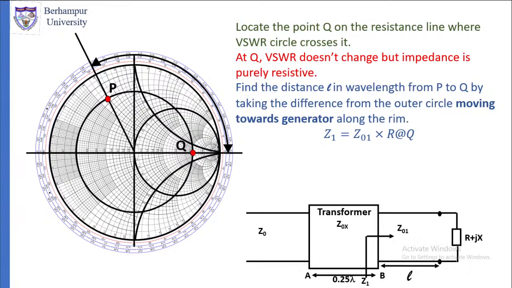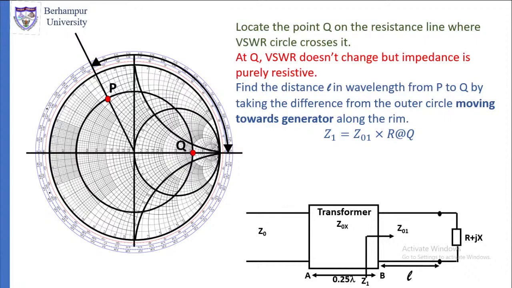So find the distance L in wavelength from P to Q by taking the difference from the outer circle, moving towards the generator along the rim of the Smith chart. Once you have done that, we will find the real value of the impedance at the end of this transmission line section.